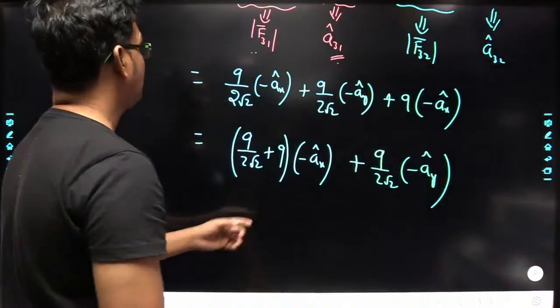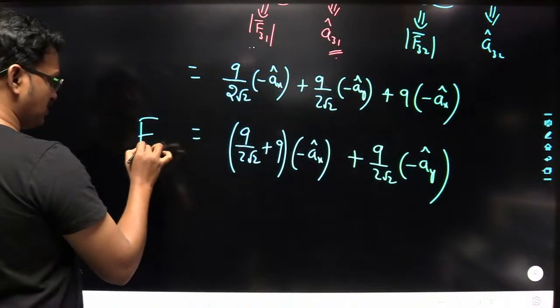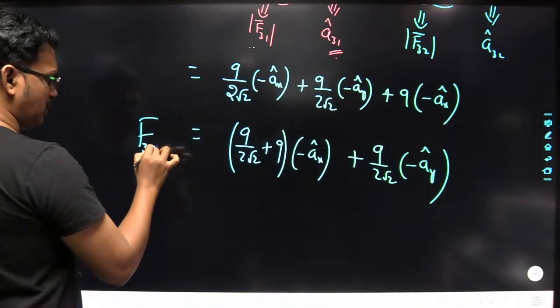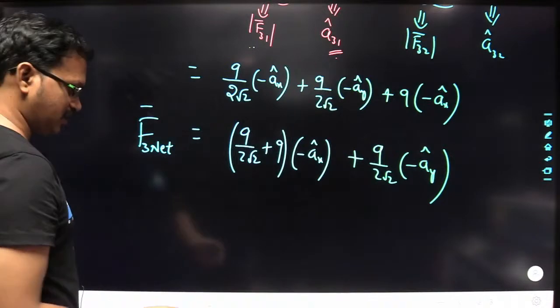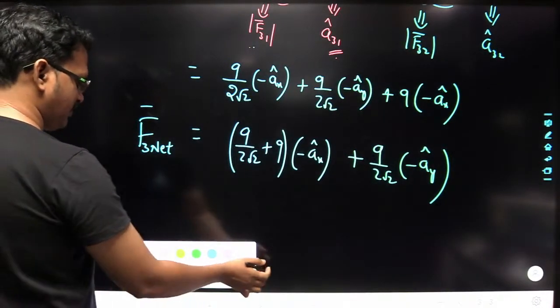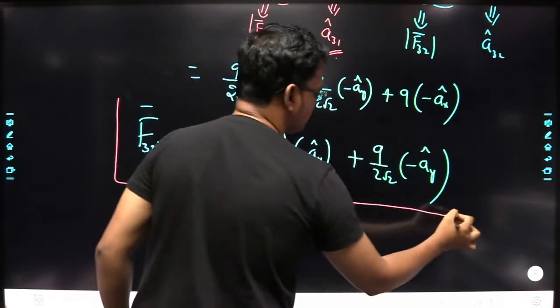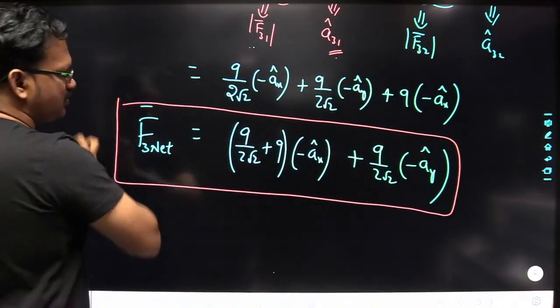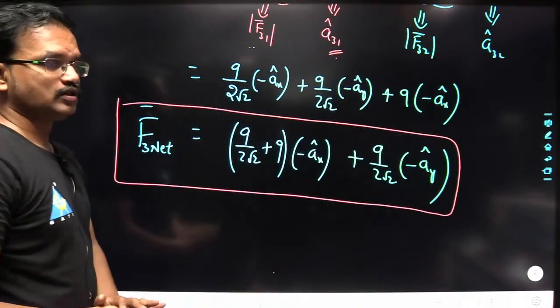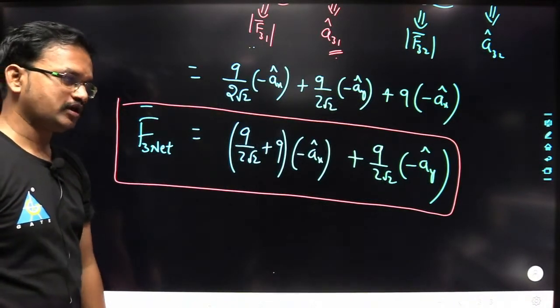So this is the net force on 3. So in this manner you can apply the superposition principle and determine the force on one charge due to all the other three charges.